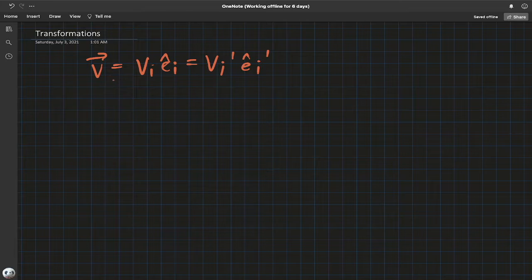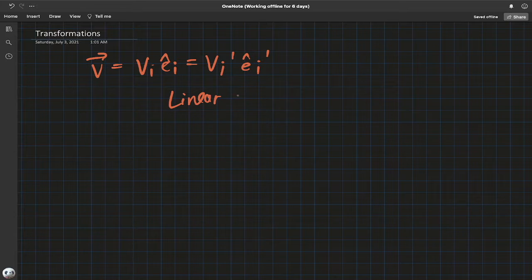And since a vector is a standard idea, both these representations should represent the same vector. Of course, the components might not agree and the basis vectors might not agree, but when you put them together, you get the same vector.